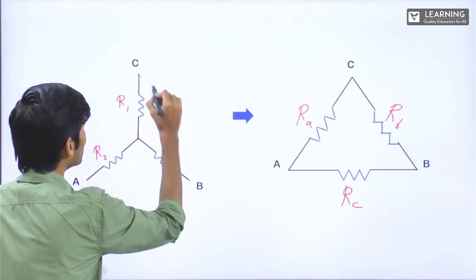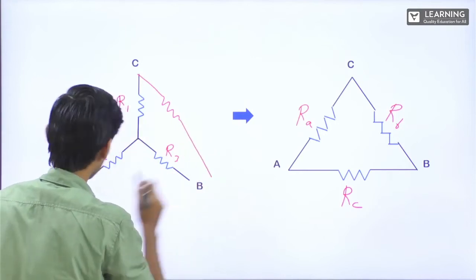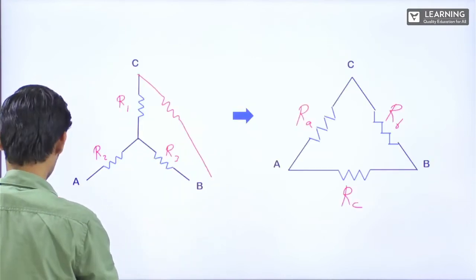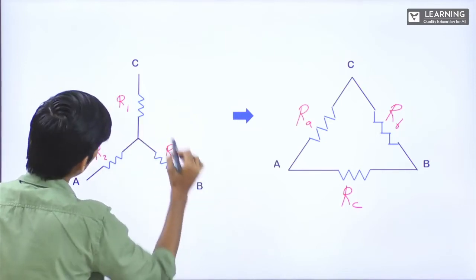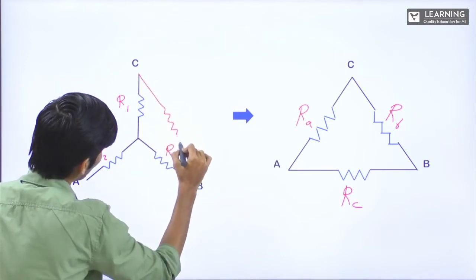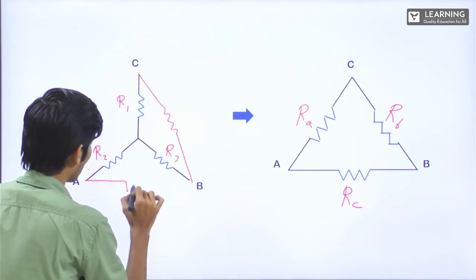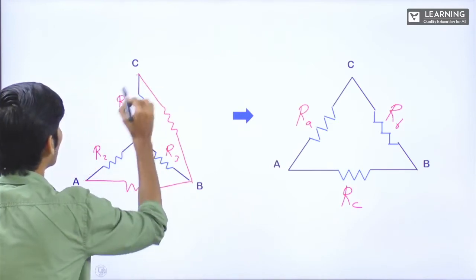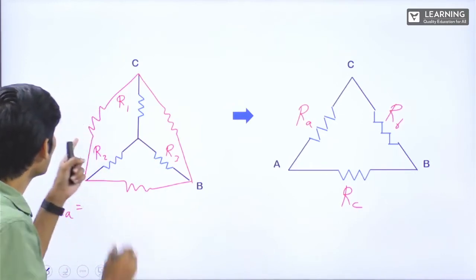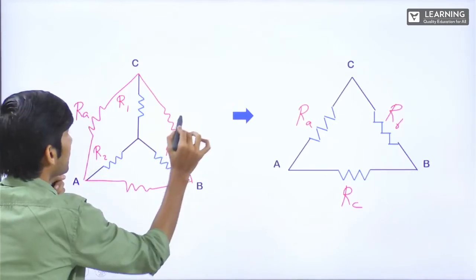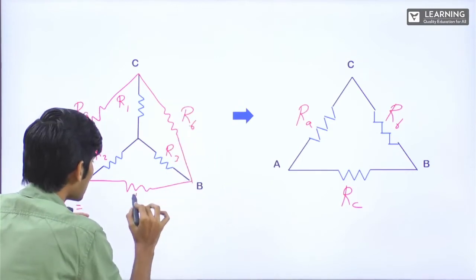Let me just make this delta here. I'm converting, okay, let's say. Fine. Now this is RA, this is RB, and this is RC.